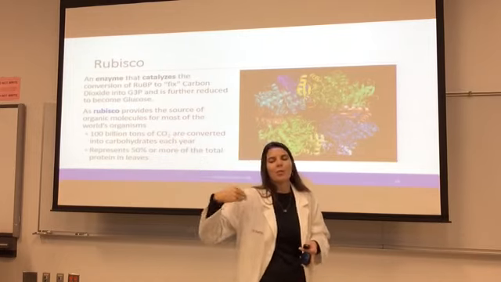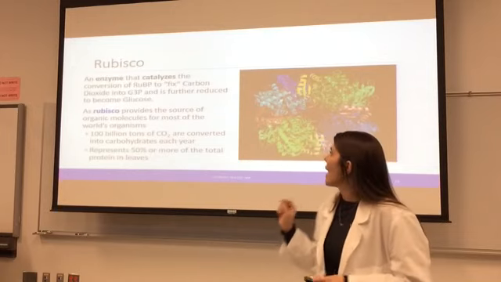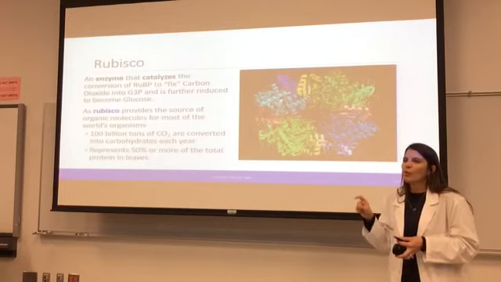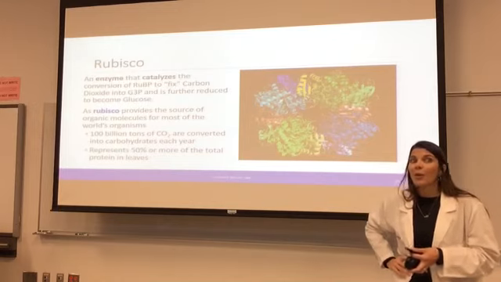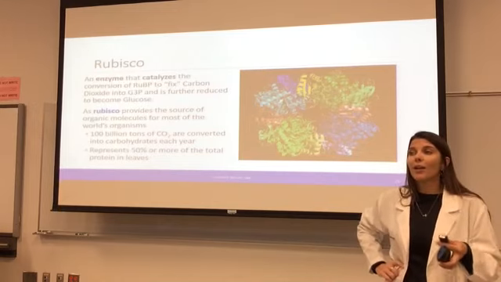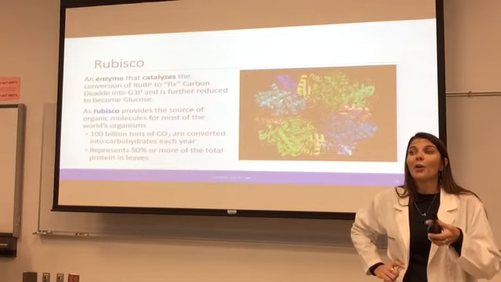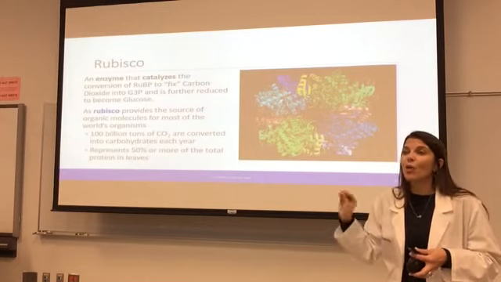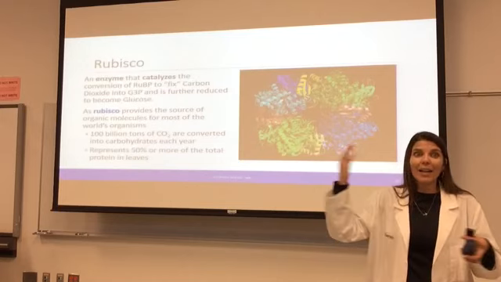I need you to explain to me what that means. It doesn't provide carbon dioxide. What is it allowed to be turned into? Sugar. Rubisco can take our waste, carbon dioxide, and it can make it into food.